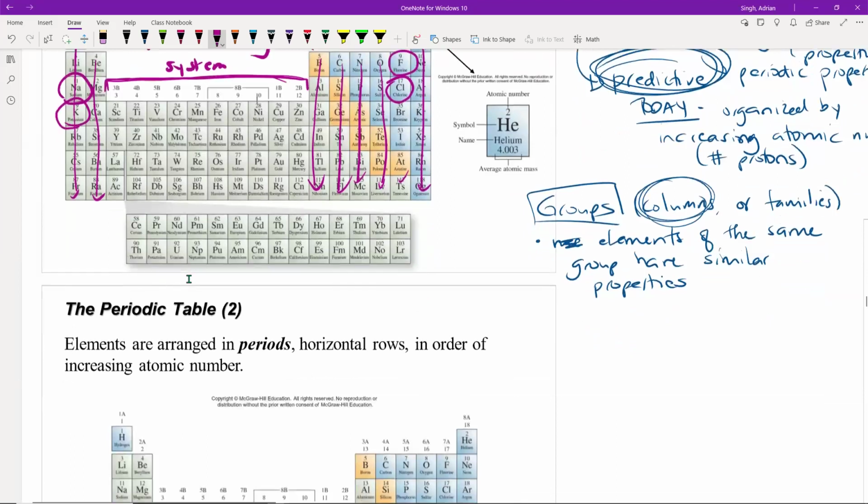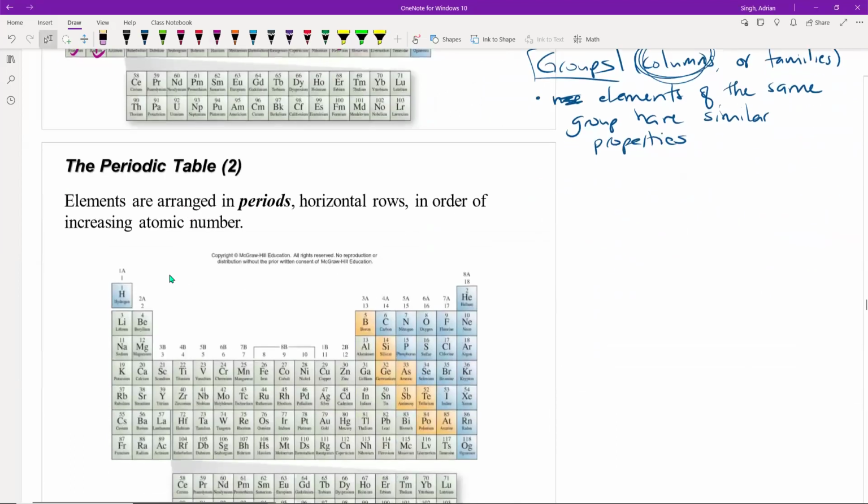So those are groups. Periods, though, are the horizontal rows in the periodic table. The first period, period 1, would be this row here. It starts with hydrogen and goes all the way across to He, helium. That's the first period.